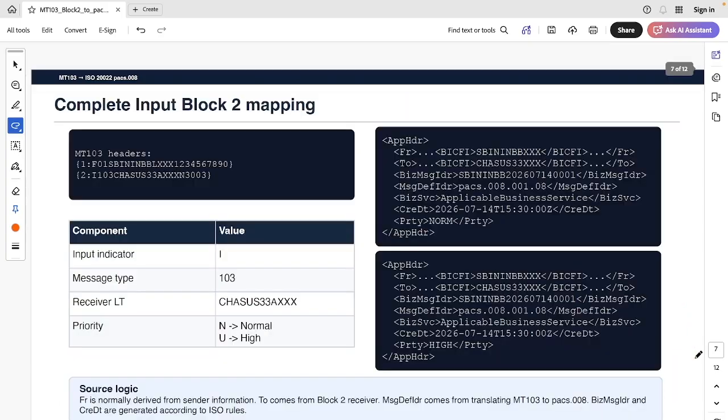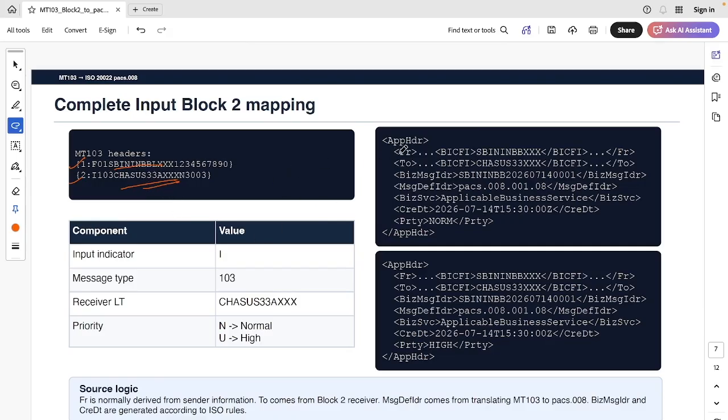Now, let us bring block 1 and block 2 together to understand how the ISO 20022 business application header may be constructed. So we have the block FIN headers here. Block 1 identifies the sending institution or sender bank. In this example, the sender bank is SBI, and block 2 identifies the direct receiving institution. In our previous example, JP Morgan is the direct receiving institution.